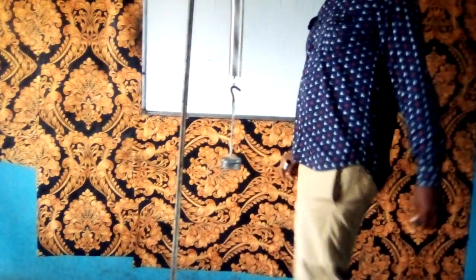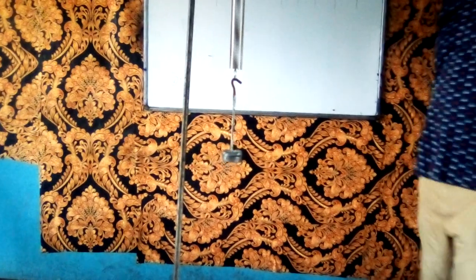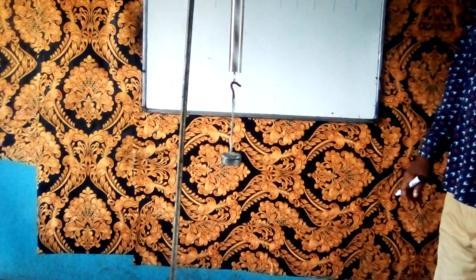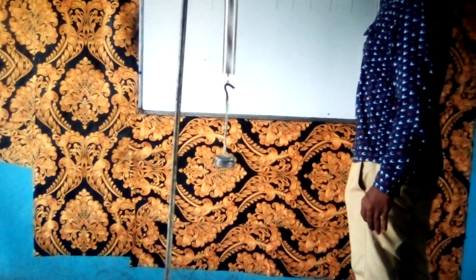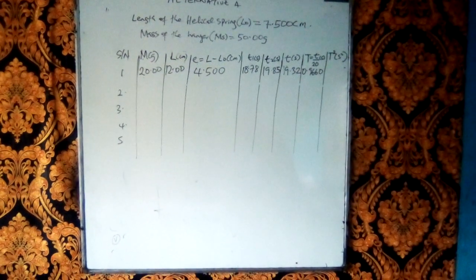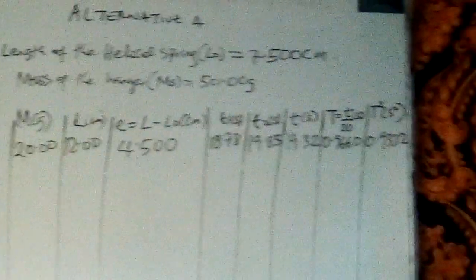Divided by 20, we also have the period of oscillation as 0.966. So this is what we have when we oscillated the 20 gram mass.